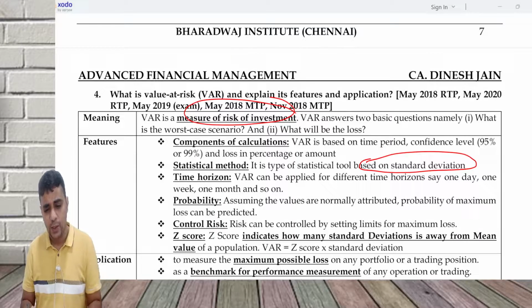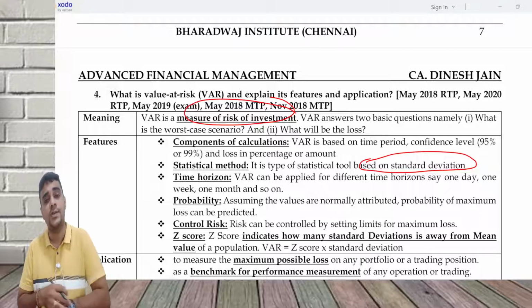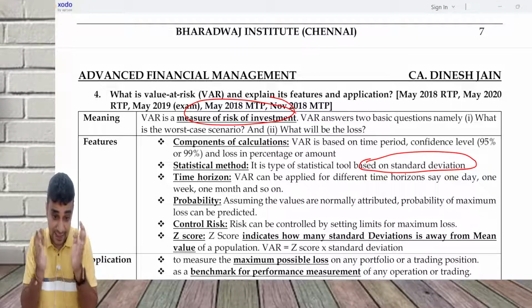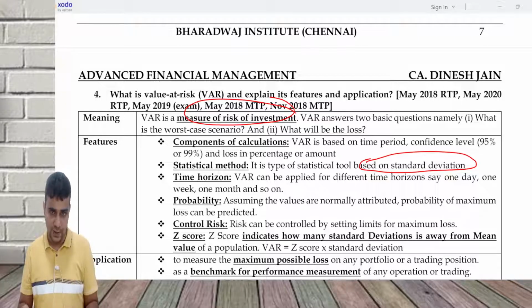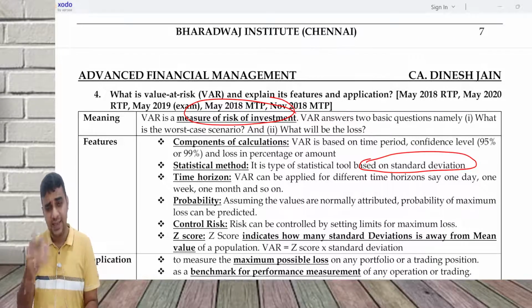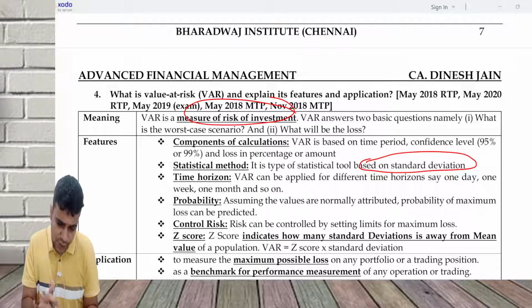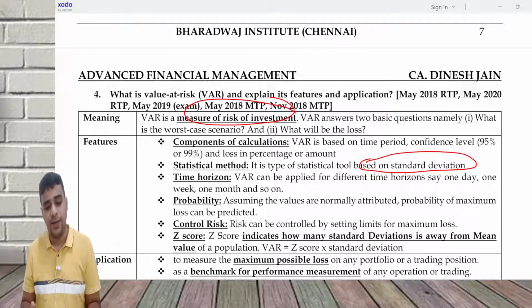Why are we doing this value at risk? Because it tells how much is the maximum loss I can face. If I'm aware of my value at risk, then I can decide that I can afford to suffer a loss of only this much. I cannot have a very high value at risk.